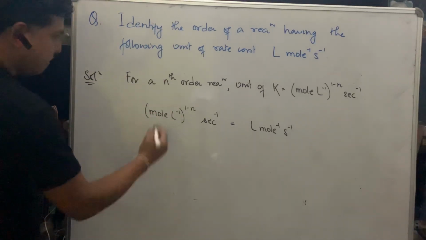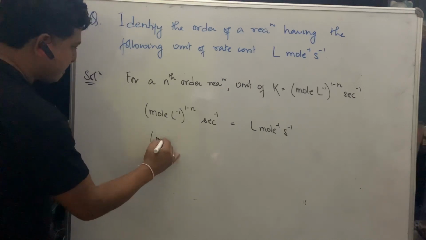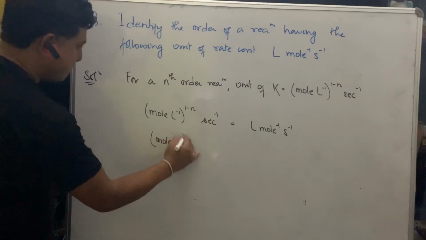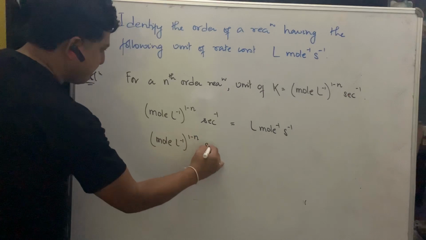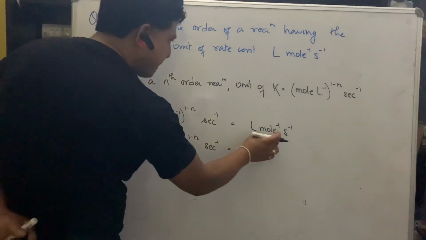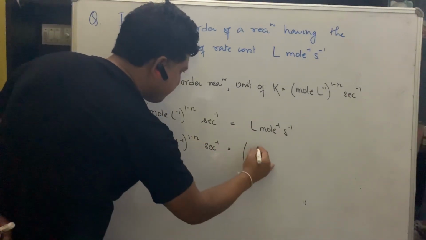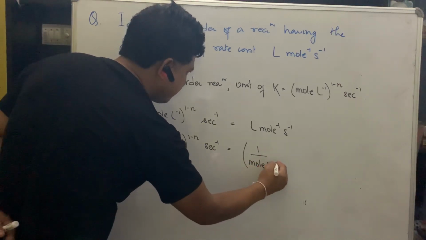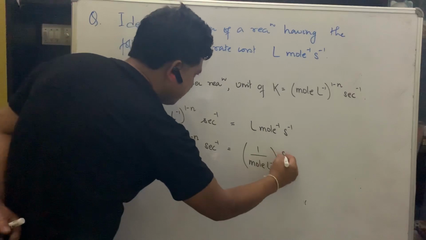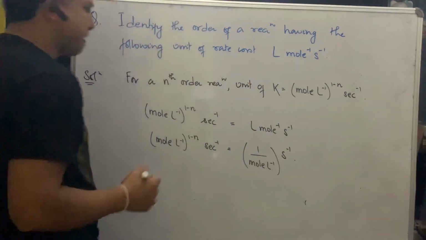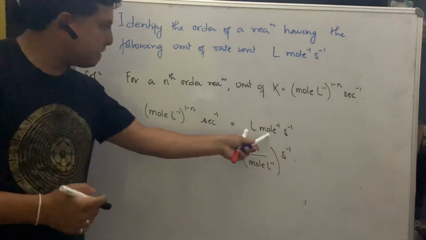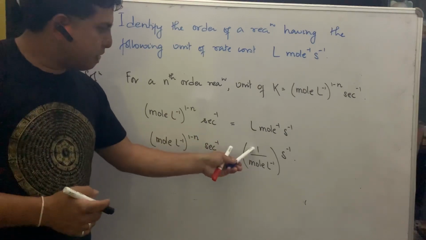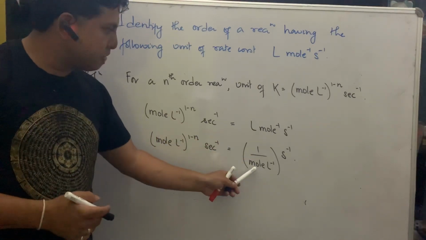I write this as mole per liter to the power 1 minus n, second inverse. Mathematically, liter mole inverse can be written as 1 by mole per liter, since mole goes to the denominator, liter goes to the numerator.